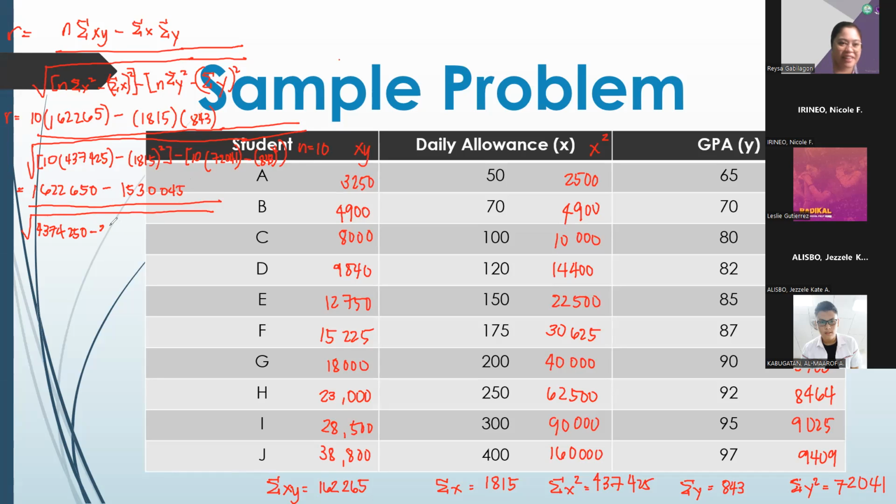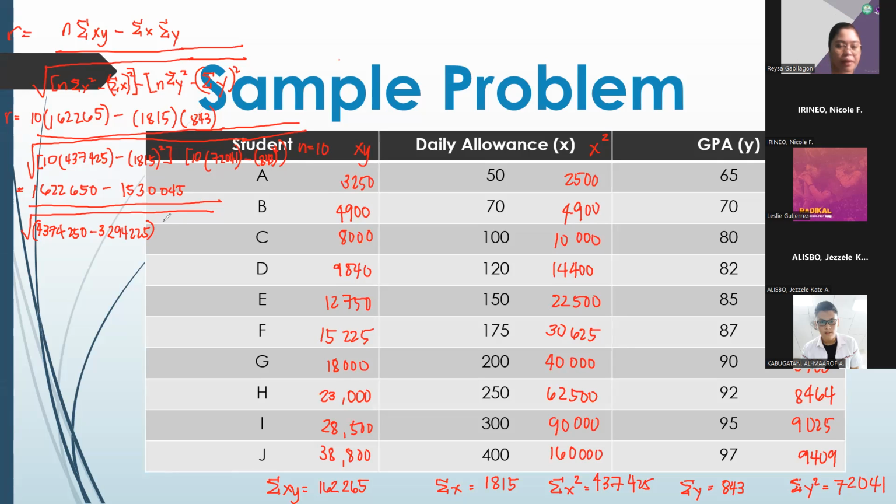Okay? And then, sorry, there is no minus here, class. This is multiplication here. Okay? It is multiplication.